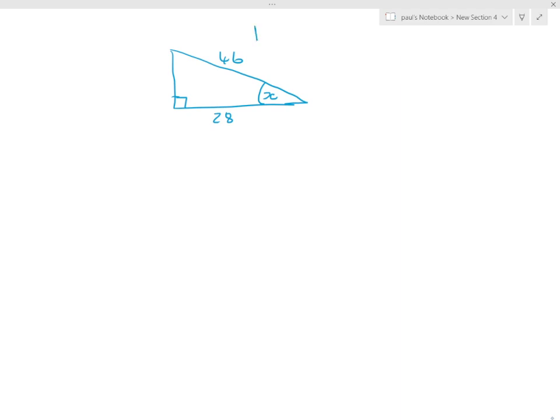Let's label them up. So this is the hypotenuse, this is the adjacent, and we write SOH CAH TOA. And so we want the adjacent and hypotenuse, so this time it's cosine. So we're doing cosine x equals 28 divided by 46. So we're going from a number to an angle. So we do shift cosine.